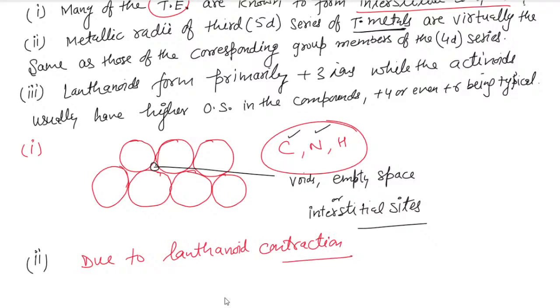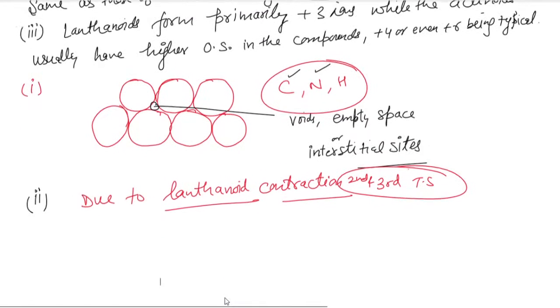Because of lanthanoid contraction, second and third transition series have almost similar size. Very good Sahil. Now third question.